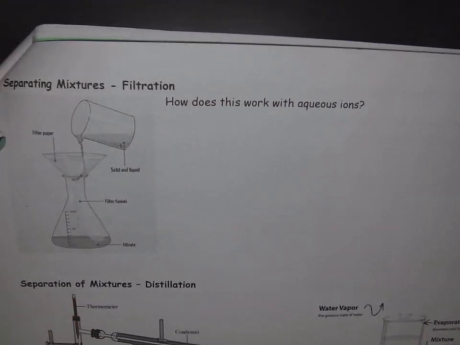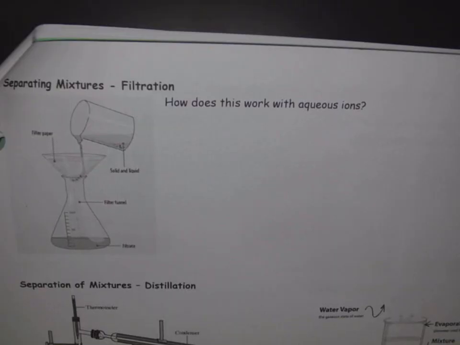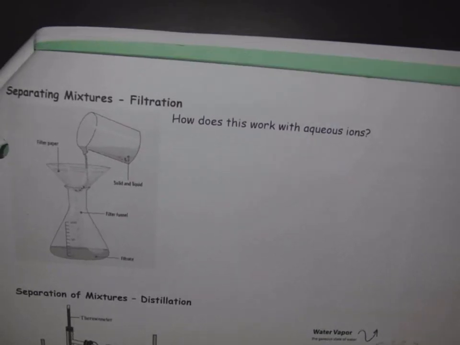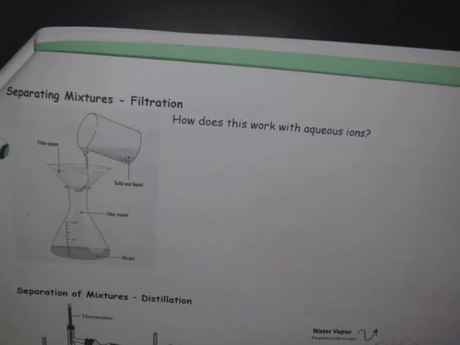So I've seen a lot of questions that look really scary, where you have this aqueous item and this aqueous item, and then you pour this other thing in there, and it makes a precipitate. Okay, I'm going to make sure I get the spelling right.